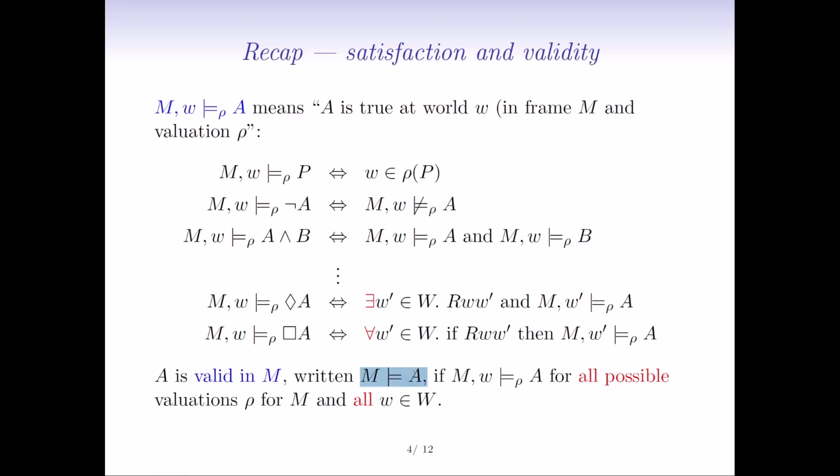So M models A is valid in M if M, W, and rho make A true for all possible valuations and worlds. And a formula is said to be valid if it's also valid no matter how you choose the frame. So it's valid if it's valid in all frames. There is also a similar notion of satisfiable in a frame and just being satisfiable. We gave those in the last lecture, but I don't think I need to give them again here now.